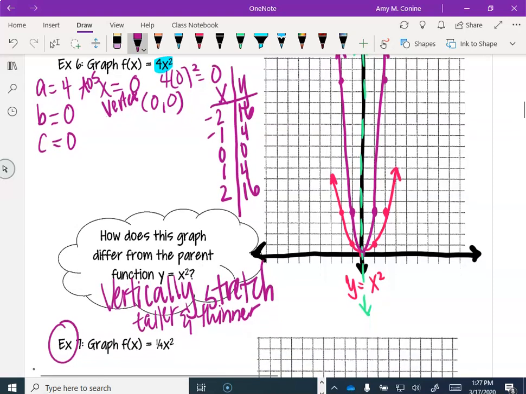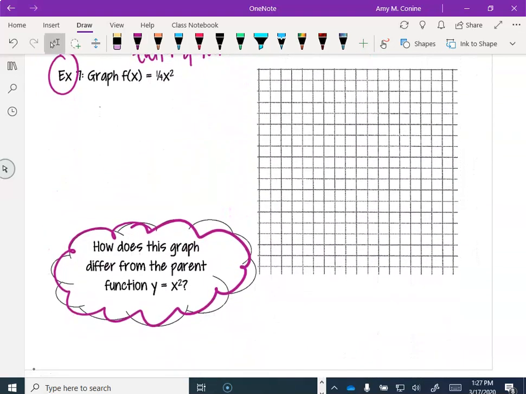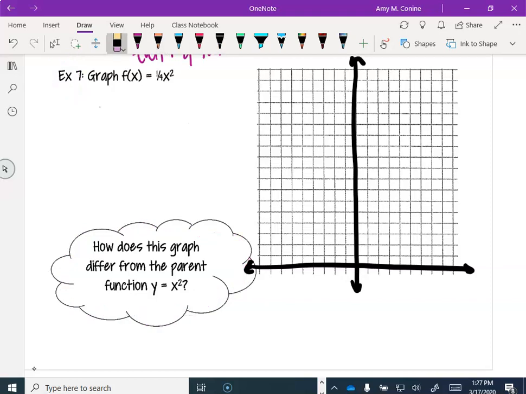So when we jump down to example 7, I want you to see how they compare. We're going to make the same parent function with the same graph. So I'm going to roll down here real quick. I'm going to make my x-axis. I'm going to make my y-axis. And just like we did in the last problem, we're going to start with our ABCs.